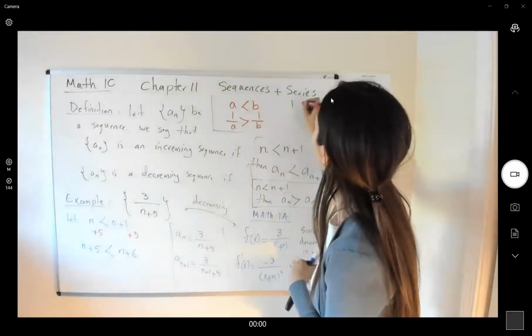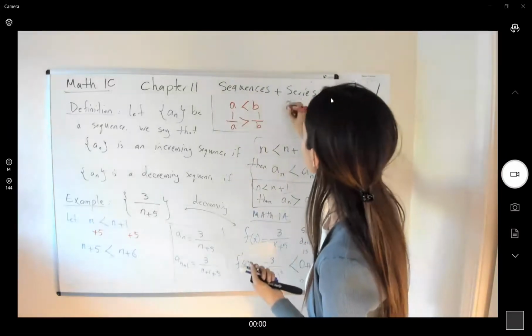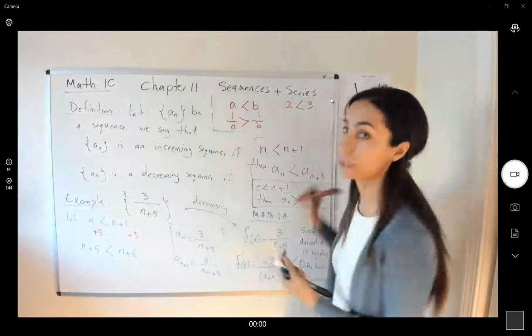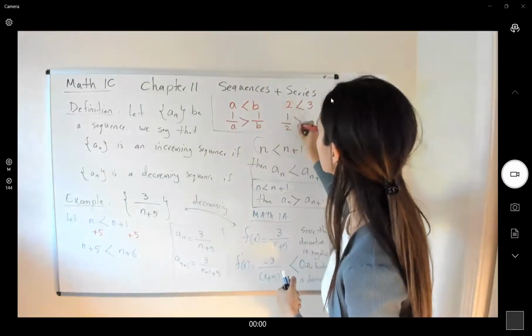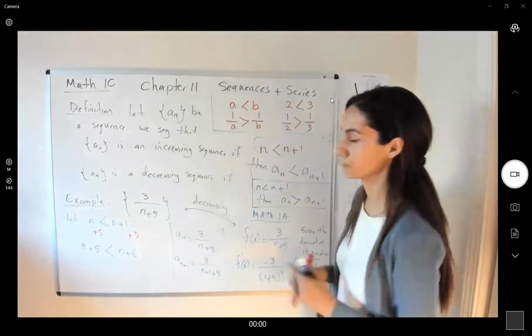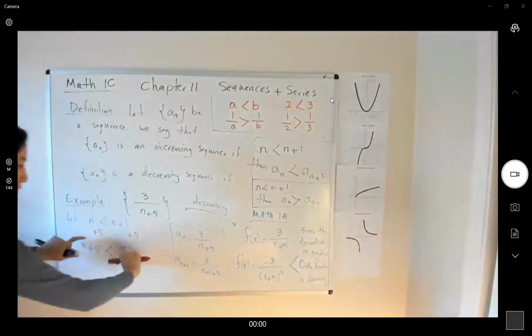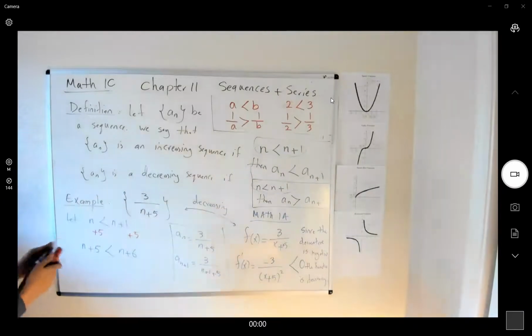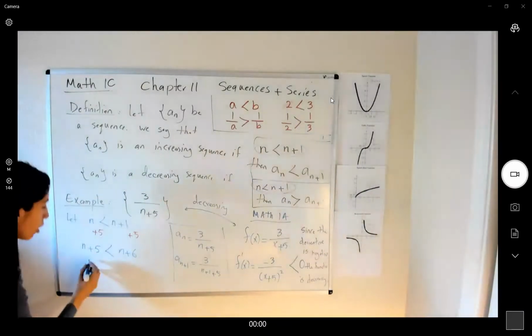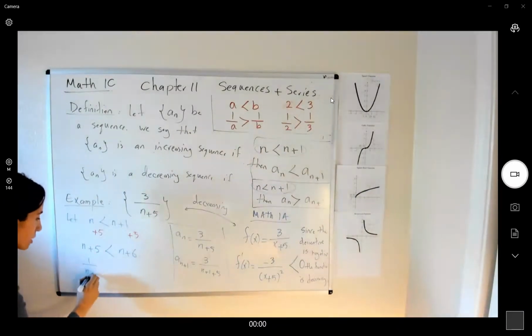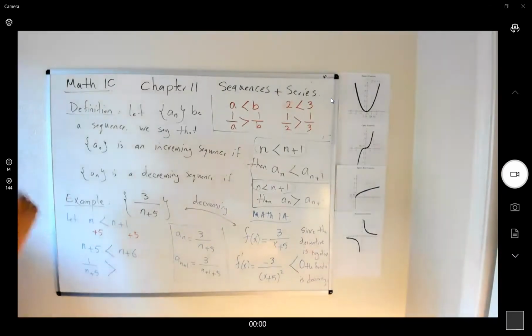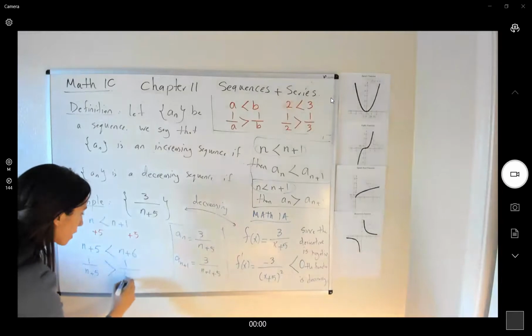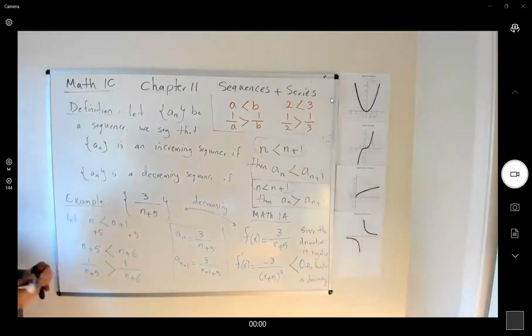Like, let us say 2 is less than 3, so a half is greater than a third. So when I flip these two, I get 1 divided by n plus 5, which is greater than, I have to flip the inequality, 1 over n plus 6.